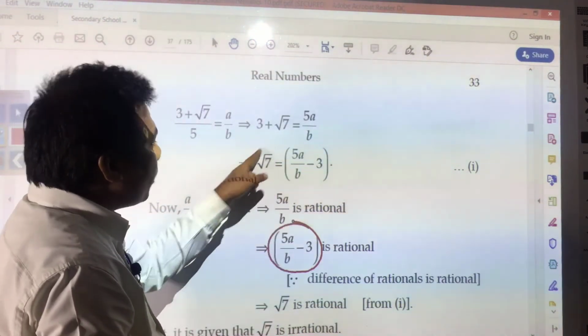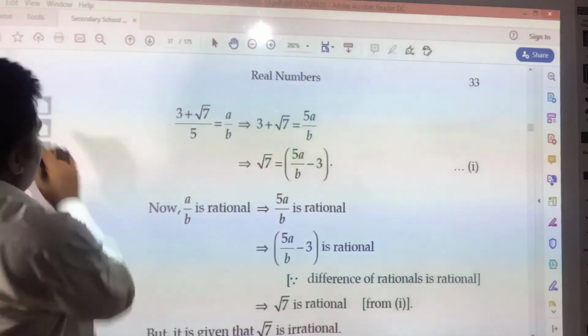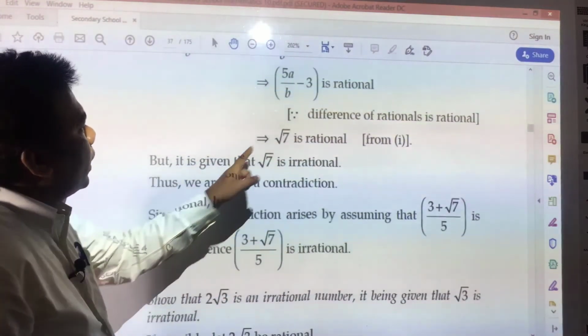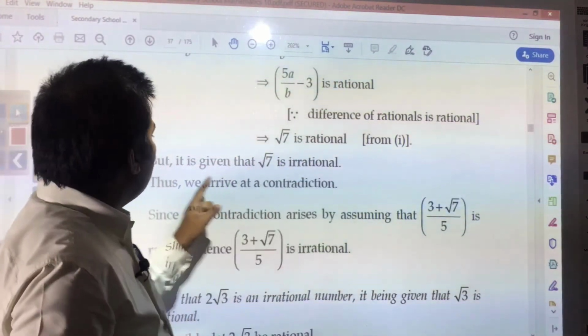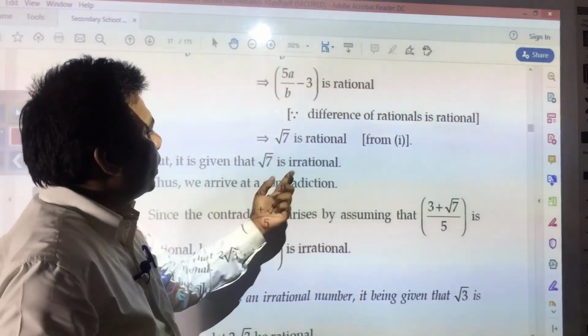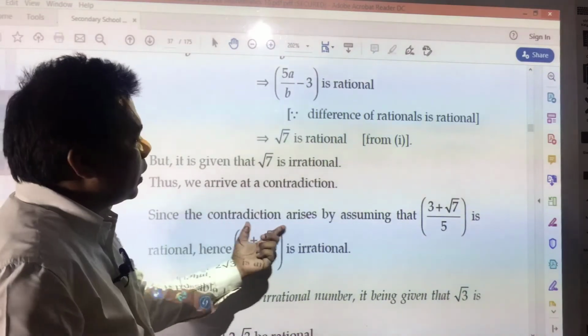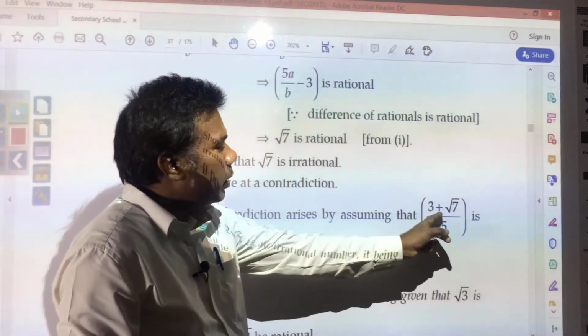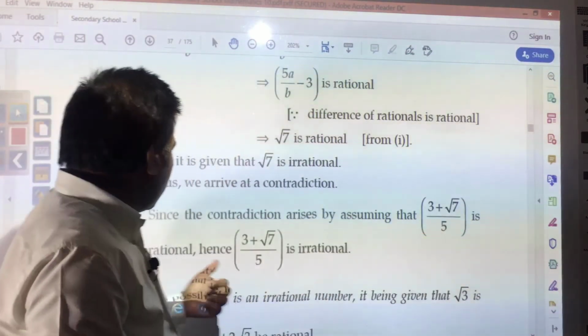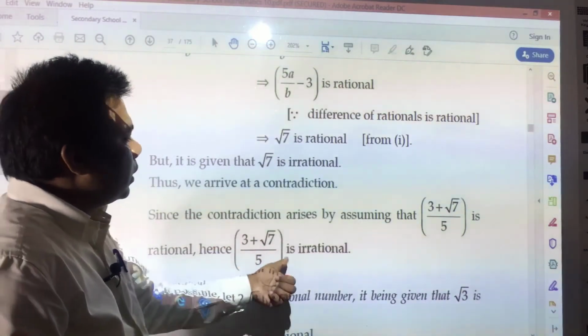It means root 7 should also be a rational number. That implies root 7 is rational, but it is given that root 7 is irrational. Thus, we arrive at a contradiction again, since the contradiction arises by assuming that 3 plus root 7 by 5 is rational, hence this is irrational.